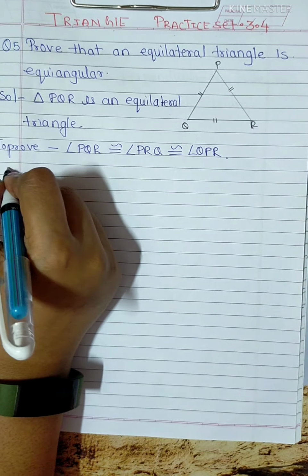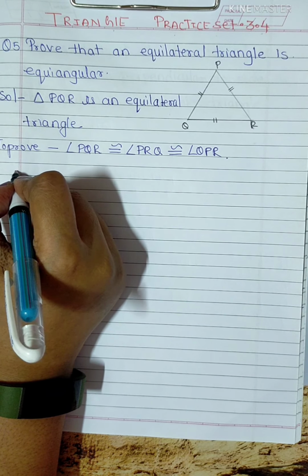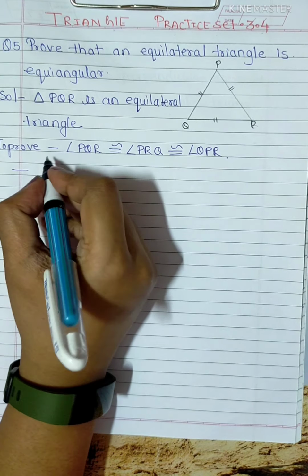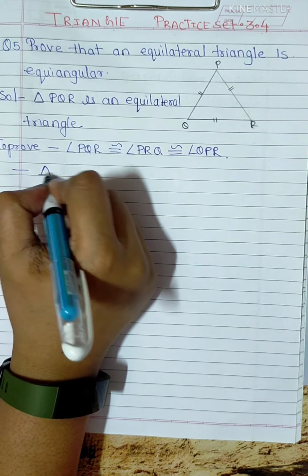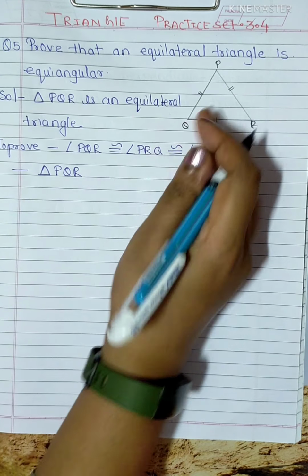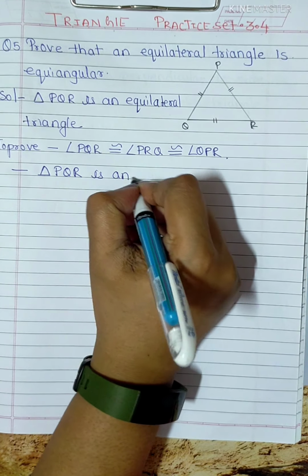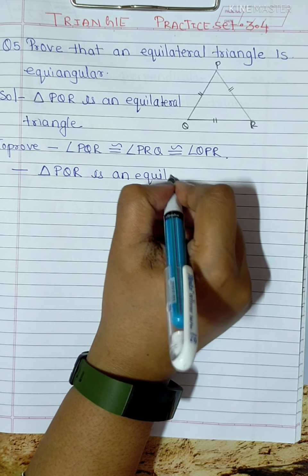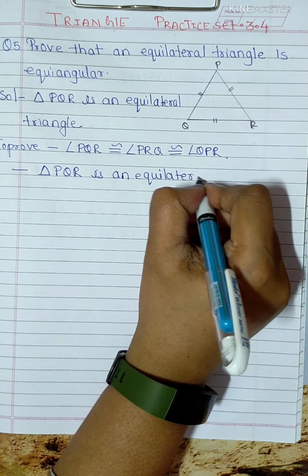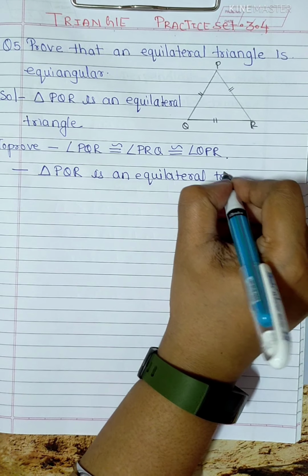So we'll start with solution. So here what is given? Triangle PQR is an equilateral triangle.